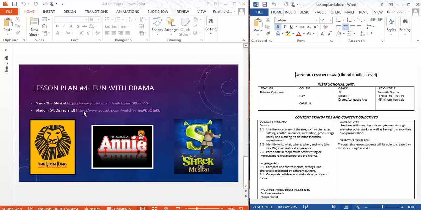It is the Aladdin musical that they had in Disneyland in California. They already took it off, but there's multiple videos taken of the entire show, so students can watch this, and while they're watching, take notes on what the setting is, who the characters are, what's happening in the part of the video that they're watching.